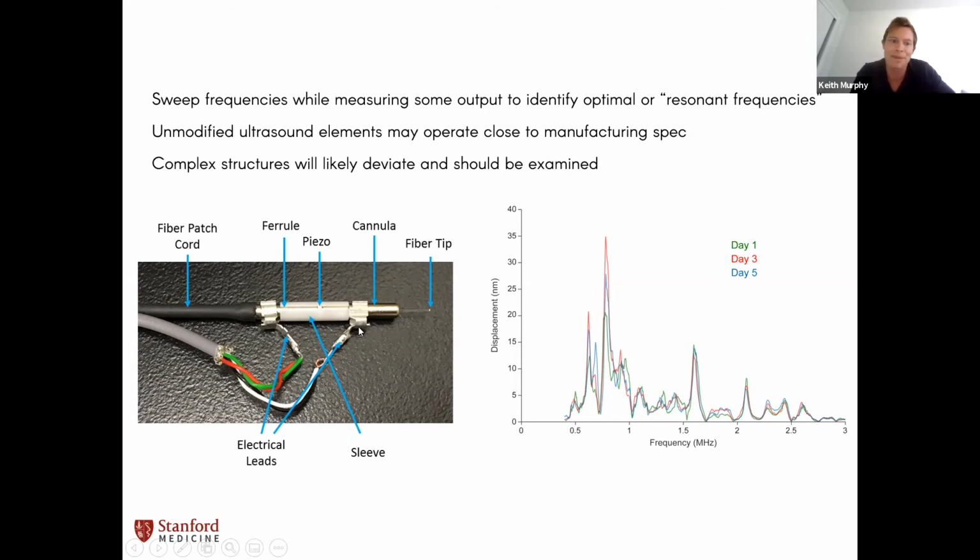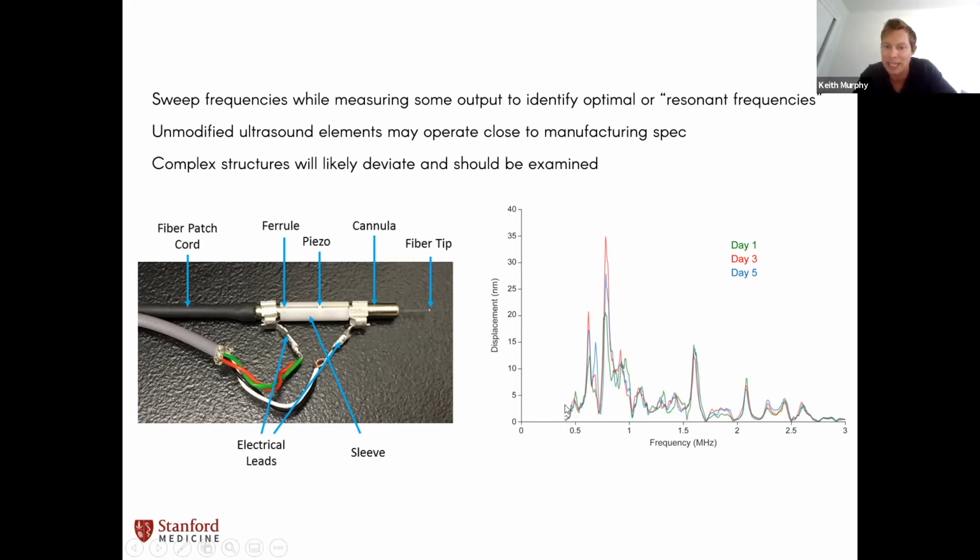So that'll happen for many of you if you get into developing complex combinatorials and things like that. In that case, what I'm showing over here on the right is a frequency sweep where I told the system, start at like 0.4 megahertz and go all the way up to 3. Every time you step forward, report back what the displacement of this fiber tip was.